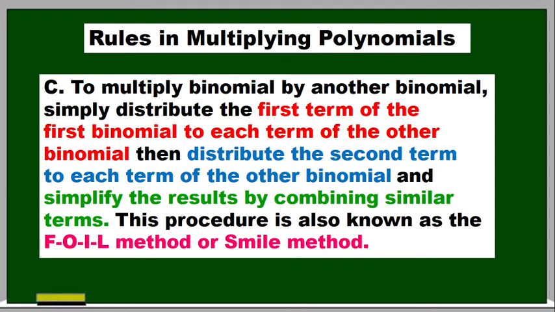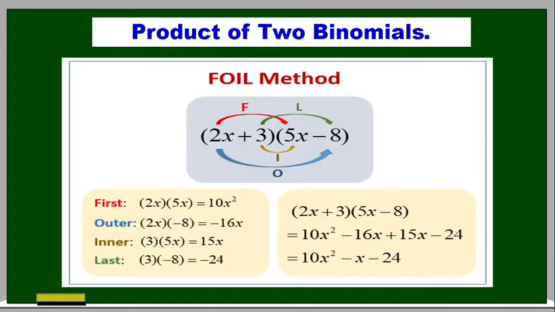Okay, what does FOIL stand for? Okay, so when I say F, first, you multiply first term in the first binomial and first term in the second binomial. This is our first binomial. This is our second binomial.